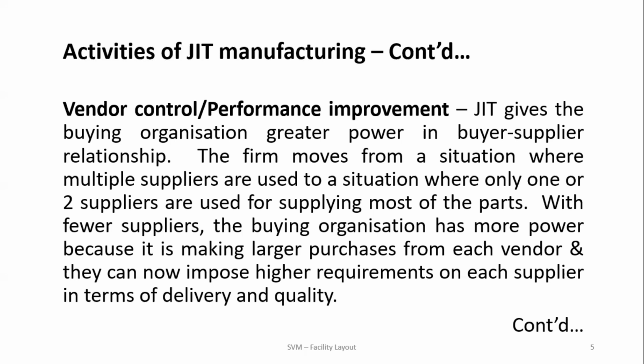With the fewer suppliers, the organization which buys has more power because it is making large purchases from each vendor, and they can now impose higher requirements on each supplier in terms of delivery and quality. So you are actually working very closely with the fewer suppliers to improve your delivery and quality. That is the activity which is happening here.